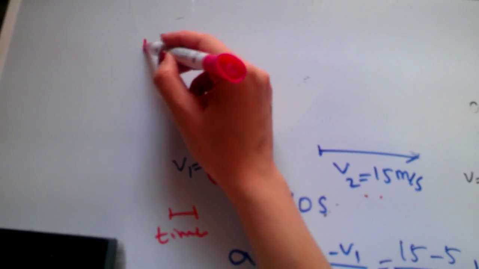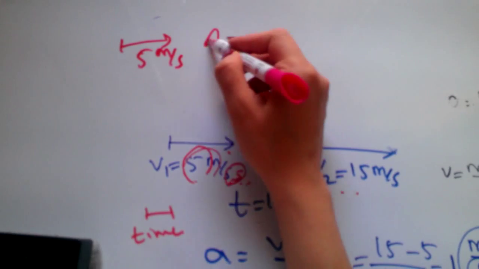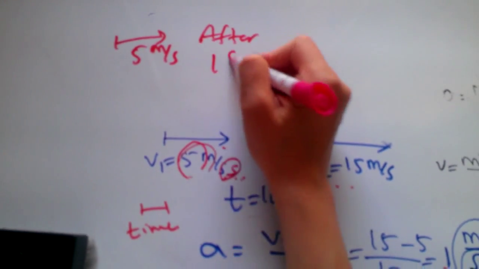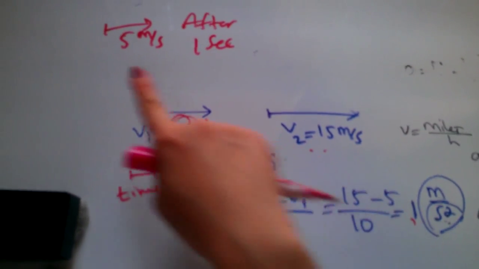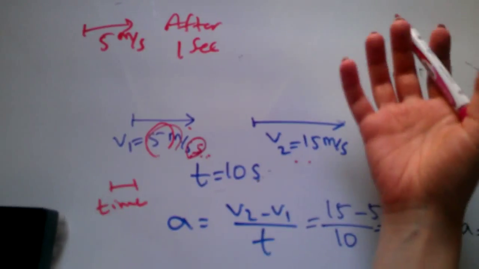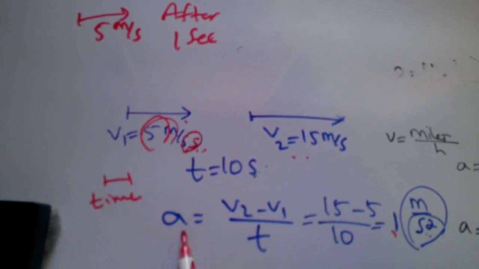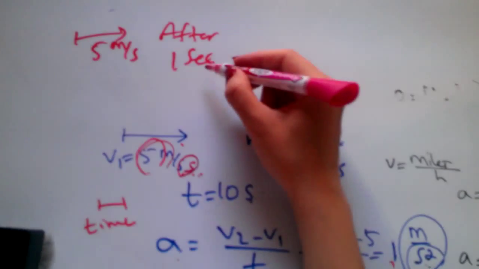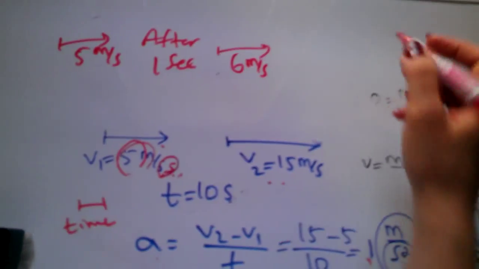So you are starting off at 5 meters per second. After 1 second, you earn 1 meters per second and add it to this, because you have to change your velocity, and that's why you have acceleration, because acceleration is change in velocity. After 1 second, it becomes 6 meters per second.